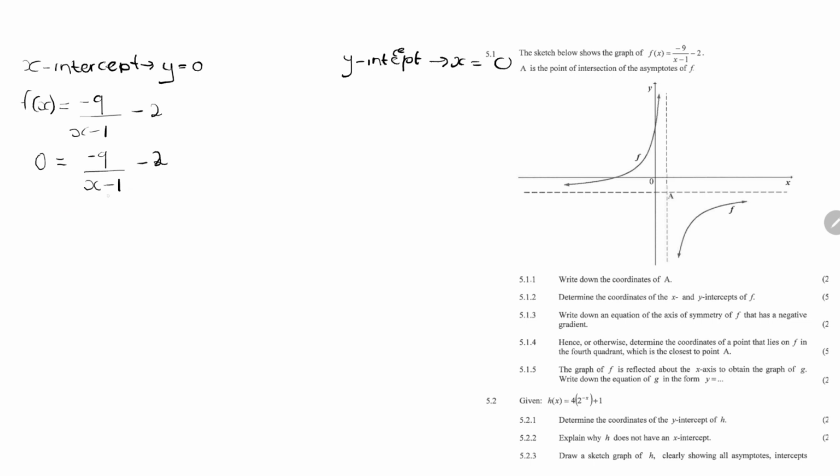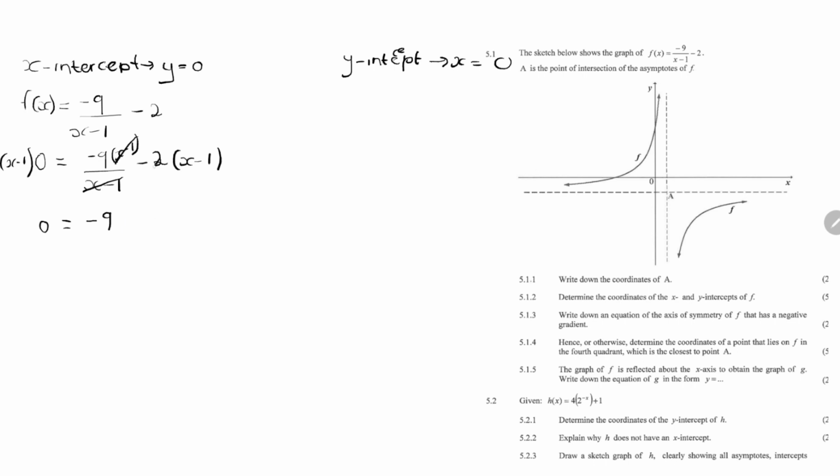So the next thing is we will have to simplify this. So we'll have to multiply everything by x minus 1. So x minus 1, x minus 1, and x minus 1. So here we're still getting a 0 equal to this will cancel this, such that we will be left with a -9.